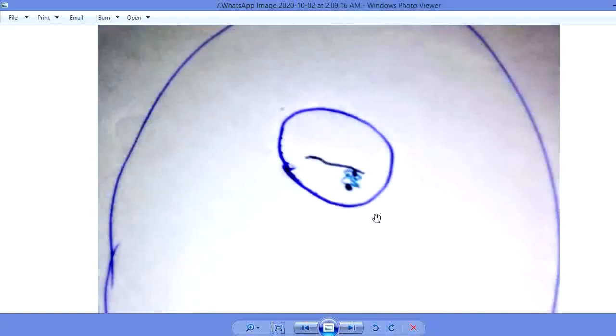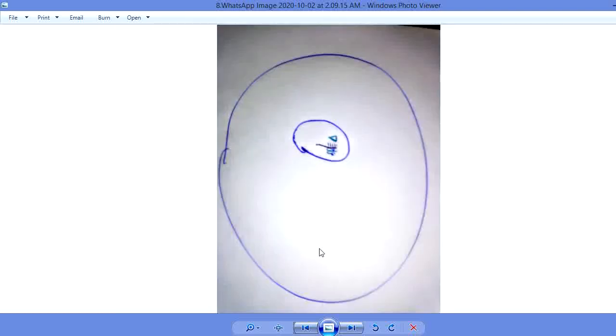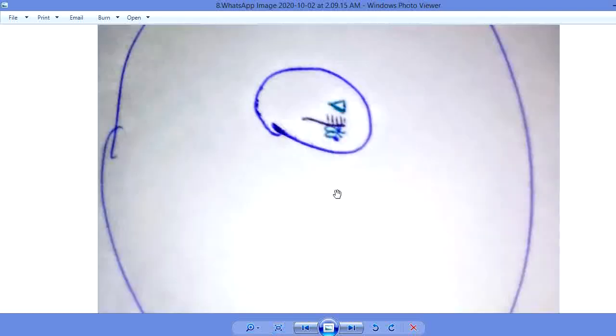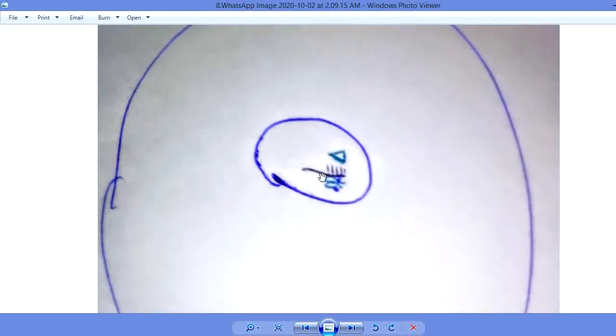So after binding with the glucocorticoid receptor complex, what will happen? Now this is very important. In this diagram, we can see that this is the dimer of the glucocorticoid receptor complex, and this is the glucocorticoid response element.